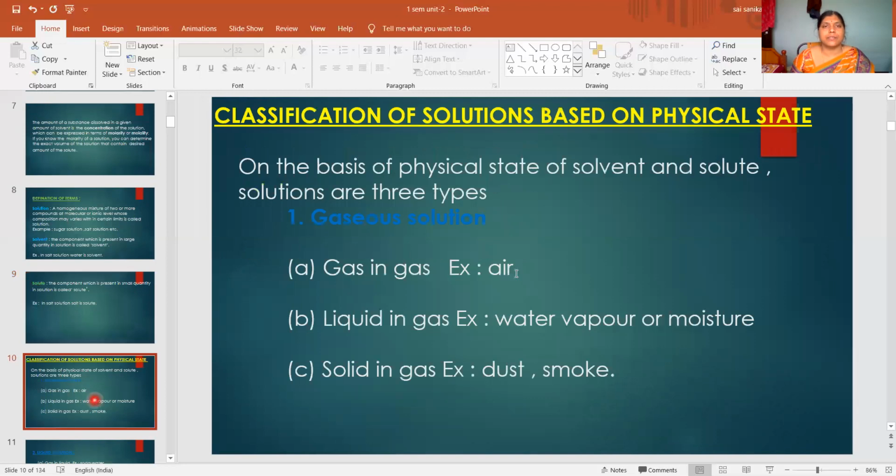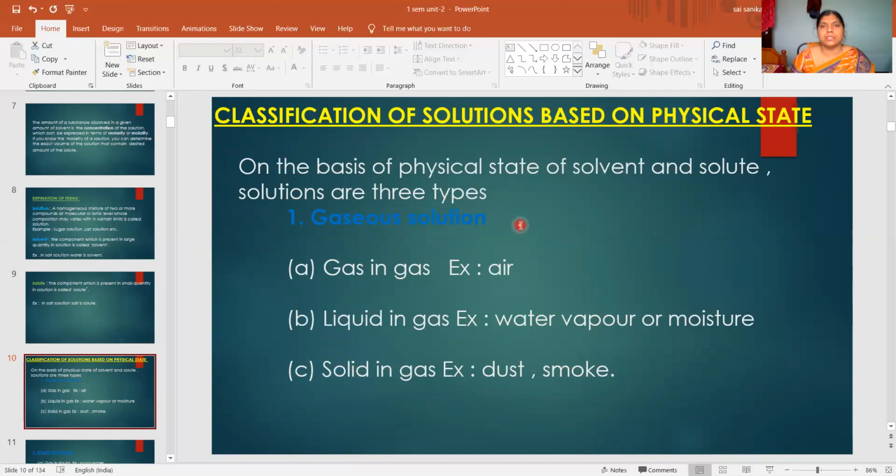And next, classification. In our syllabus only one classification is there, that is classification based on physical state. It is whether solute and solvent physical state is solid or liquid or gas. Based on that, solutions are three types: gaseous solutions, liquid solutions and solid solutions.